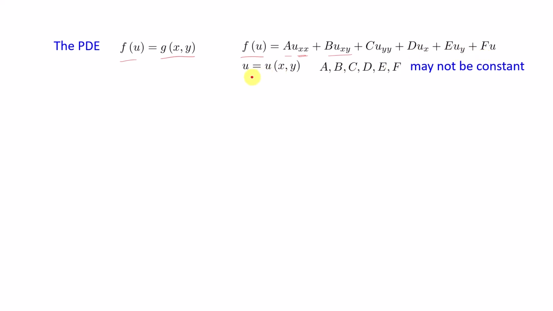Here u we have taken as a function of only x and y, 2 independent variables. This a, b, c, d, e, f, they may or may not be constant, that we don't know yet. But this equation, we will call it homogeneous if this function of x and y is 0. So each term has u, that makes the equation homogeneous. Otherwise, this equation is non-homogeneous.